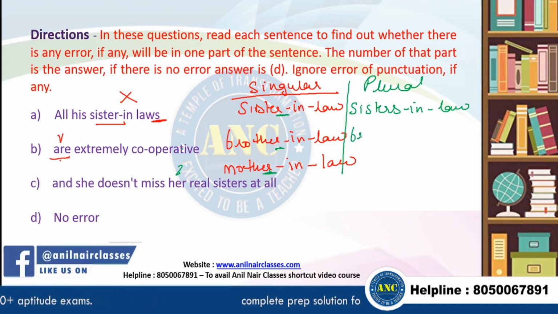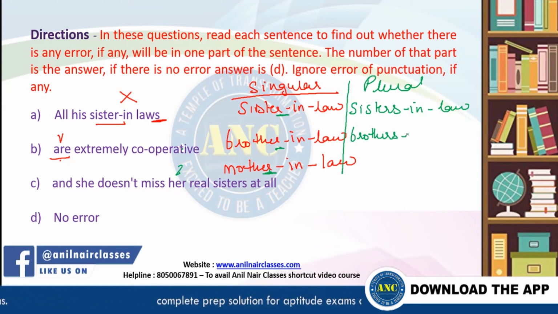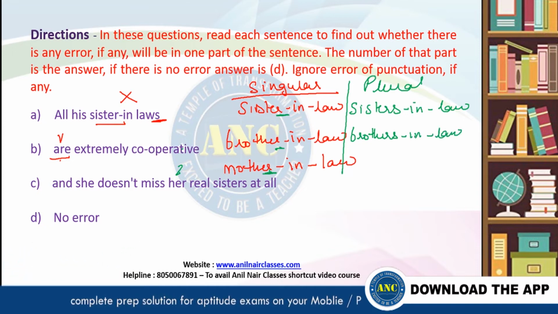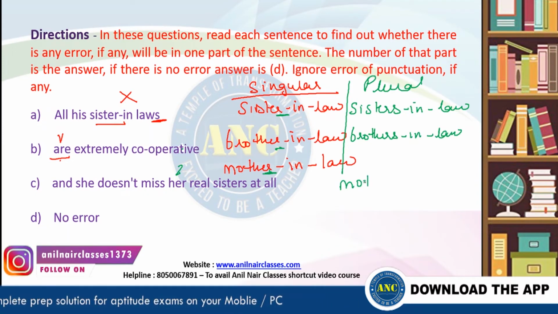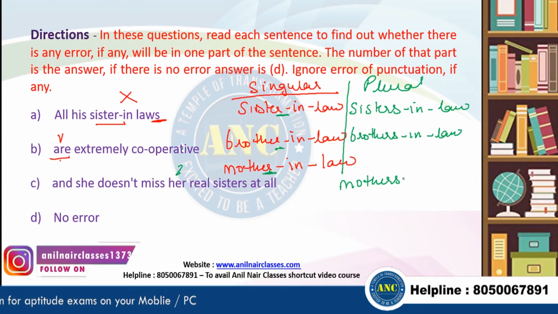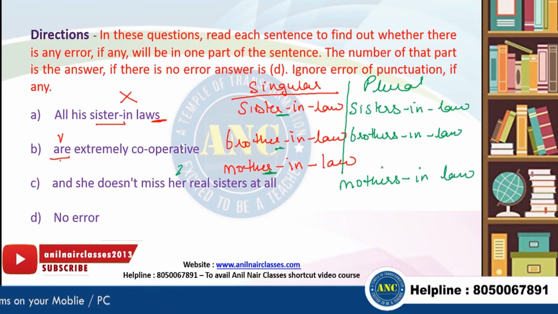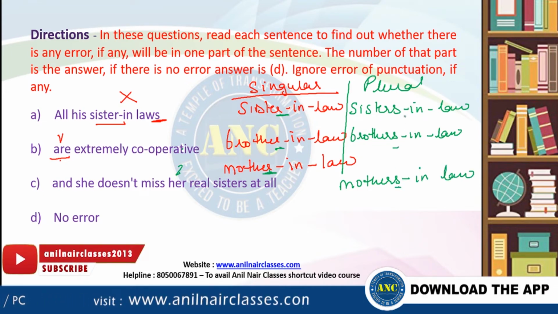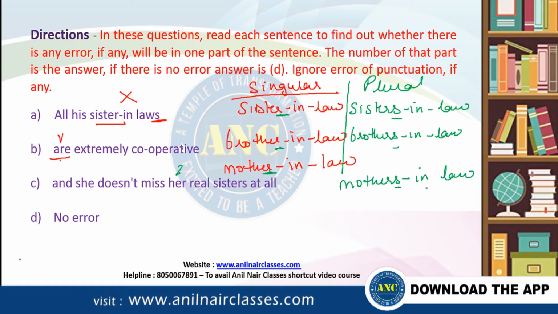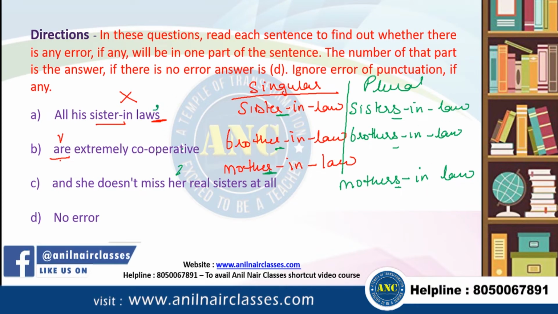It will be brothers-in-law or mothers-in-law. The plural form will be taken with the main noun, not with in-law, right? This S will be in the apostrophe plus S form when we are talking about the possessive case.